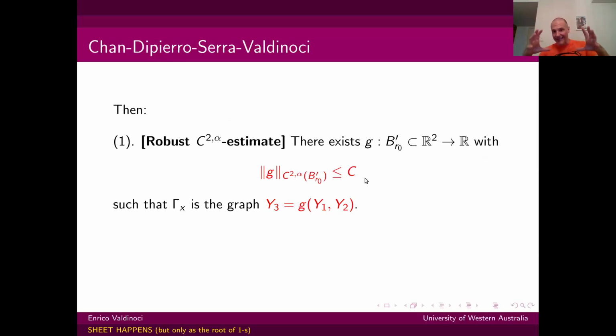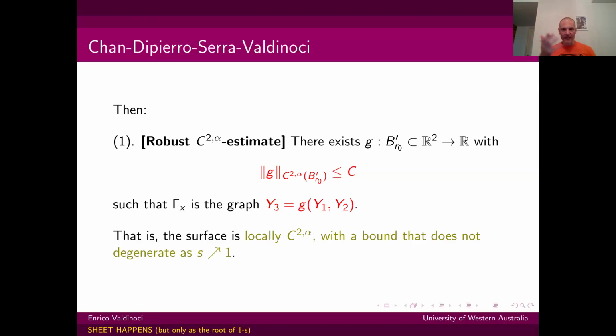The graphicality scale will degenerate because the sheets will collapse maybe one over the other when s goes to 1, because the root of 1 minus s goes to 0. Fine. But the description of every single layer remains nice and smooth.